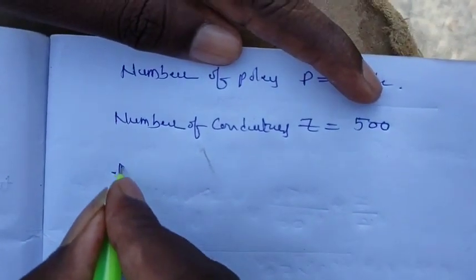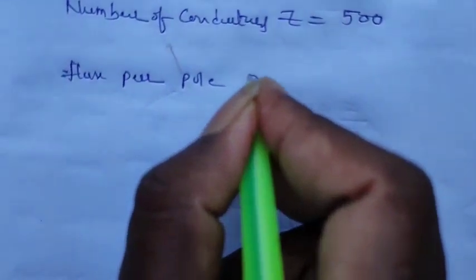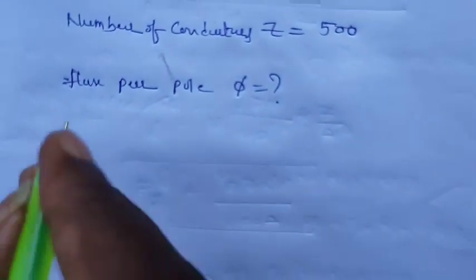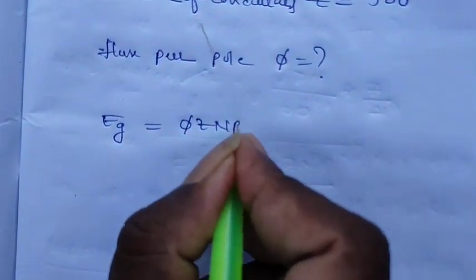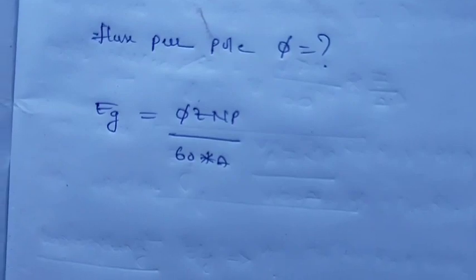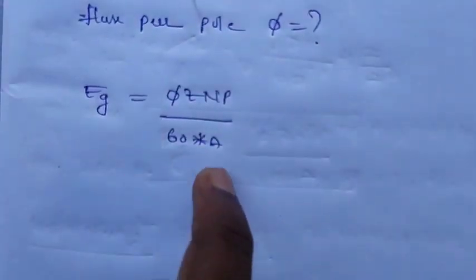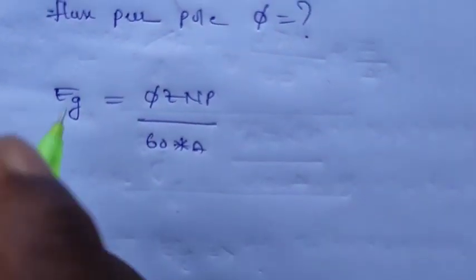So determine the flux per pole. Flux φ equals how much? What is the formula? Eg = φZNP/60A. But in this problem Eg is given and they ask for the flux per pole.